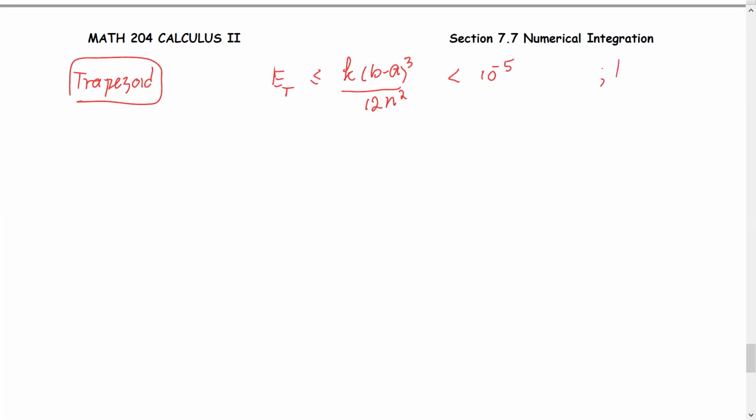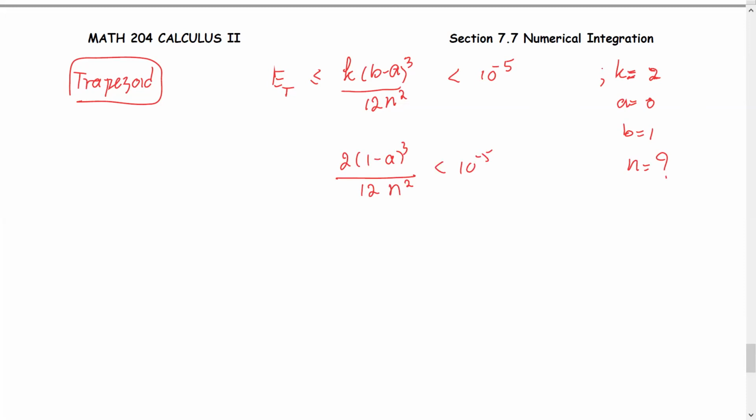Again, the lowercase k is 2, which is the upper bound of the second derivative of the function on the interval 0, 1. K is 2, a is 0, b is 1. We're going to find n. So 2 multiplied by (1 minus 0) to the third power divided by 12 times n squared is less than 10 to the negative fifth.